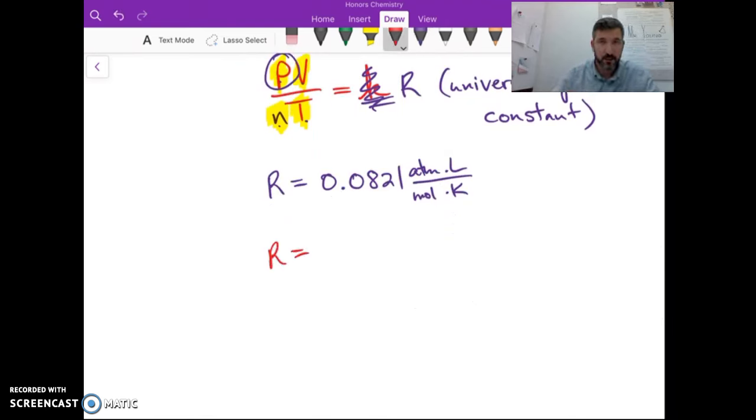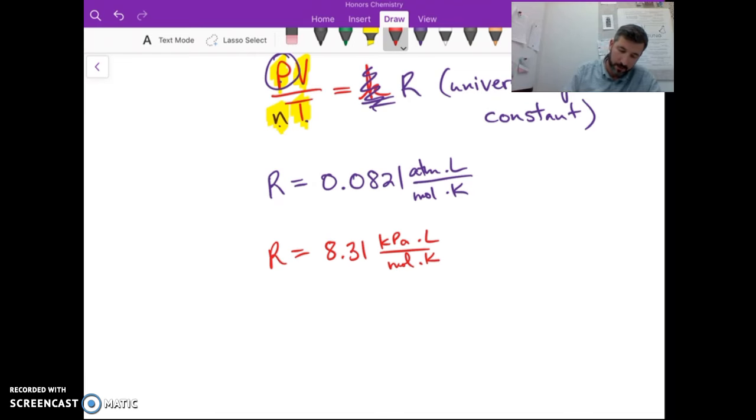If my pressure unit is kPa, well, 101.3 kPa is equal to 1 atmosphere, which means kPa are 101.3 times smaller than atmospheres, which means there'll always be a bigger number associated with kPa. And the R value that we get when our pressure value is kPa is going to be 8.31 kPa times liters over moles times kelvins.